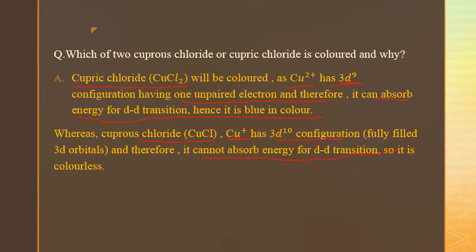That's why due to the absence of d-d transition, cuprous chloride will be colorless in nature. So out of cuprous chloride and cupric chloride, CuCl2 will be colored, which is blue in color, and cuprous chloride CuCl will be colorless in nature.